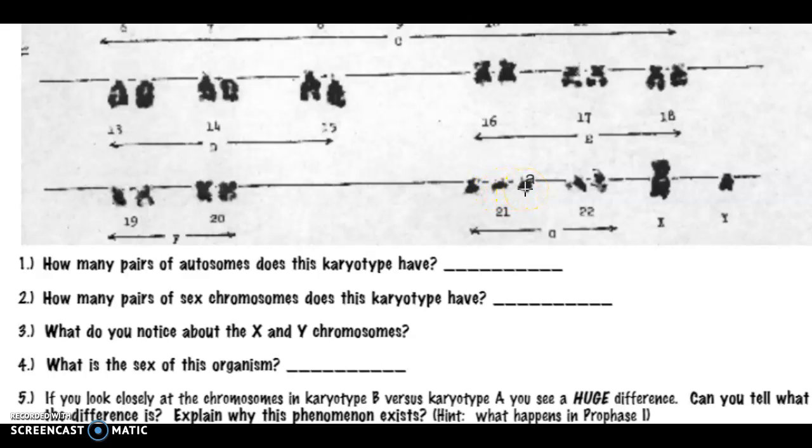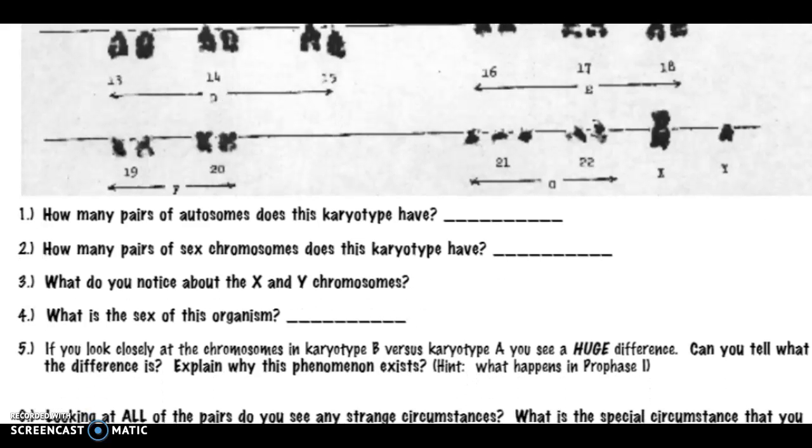This is referred to as trisomy, tri meaning 3. This would be trisomy 21, also known as Down syndrome. So this would be a disorder. This individual, instead of having the normal 46 chromosomes, would have 47. We have an X and we have a Y. Because there's a Y here, this would be a male with trisomy 21.